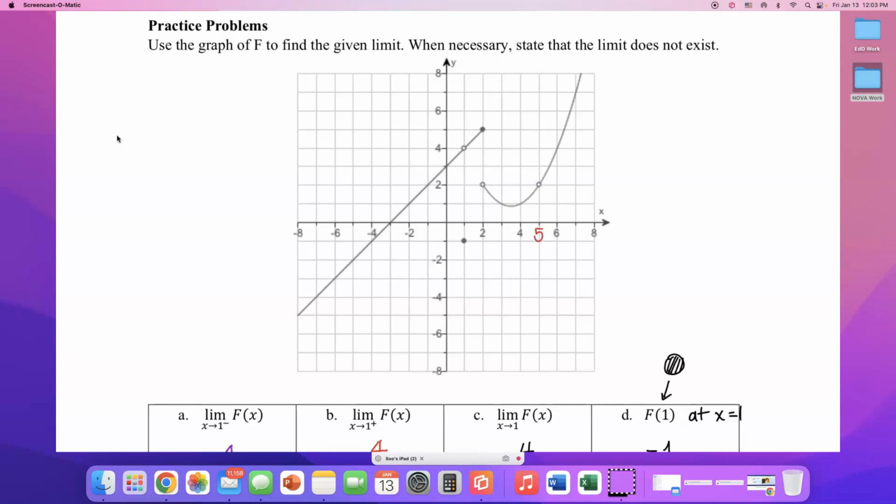So from the left side of 5, he's going that way first. So pick up over here and try to go to 5. Where are we trying to go? As we get really close to 5 from the left side, the y value is 2. So the left-hand limit is 2.